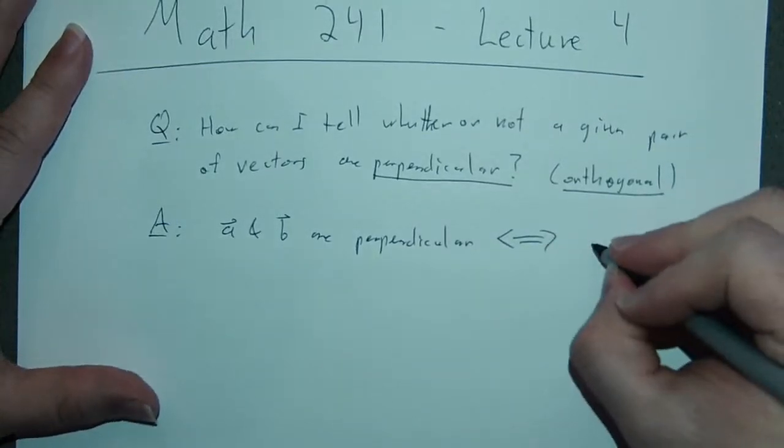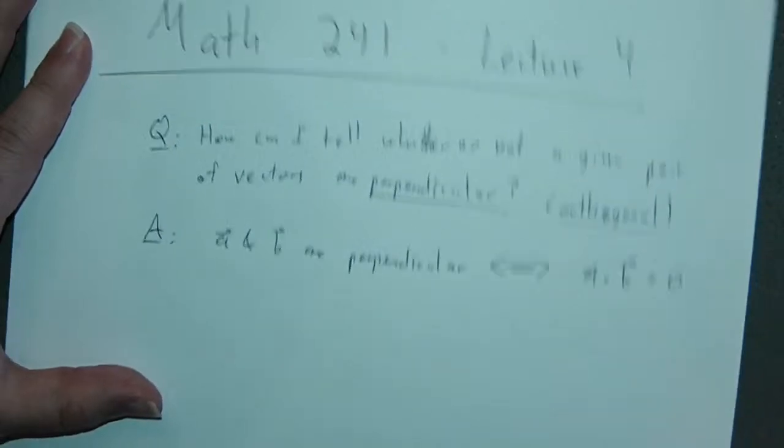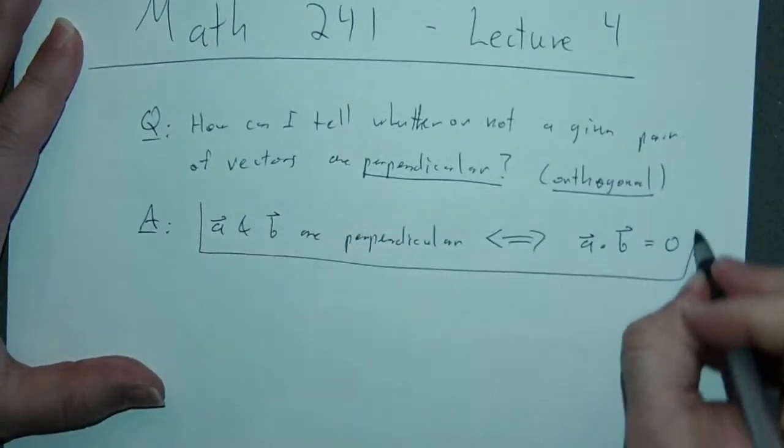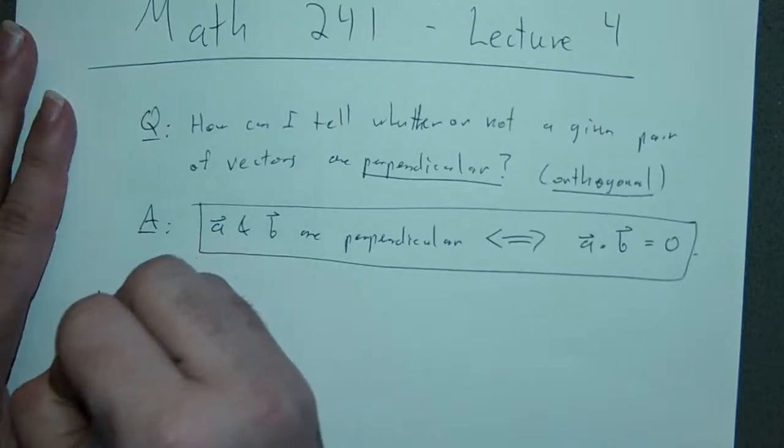And this means the dot product is really nice for telling immediately whether or not two given vectors are perpendicular, because you just dot them, and dotting two vectors is easy.